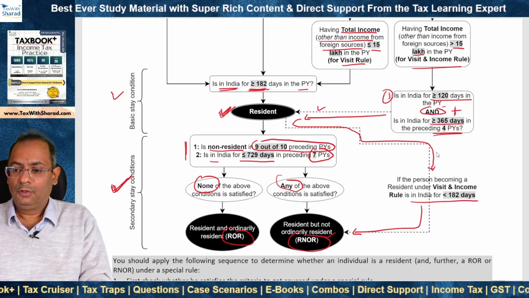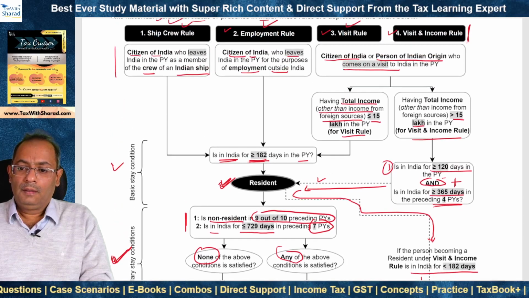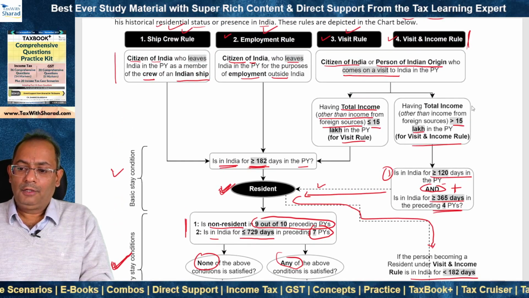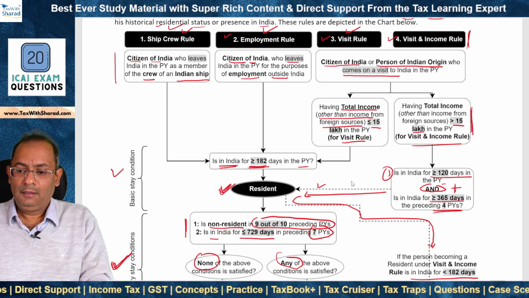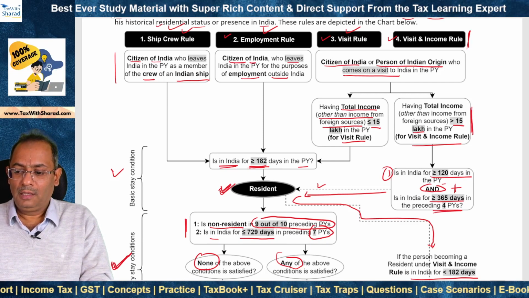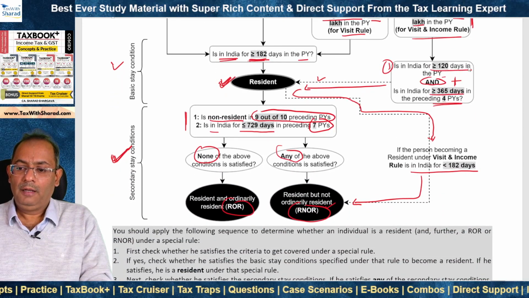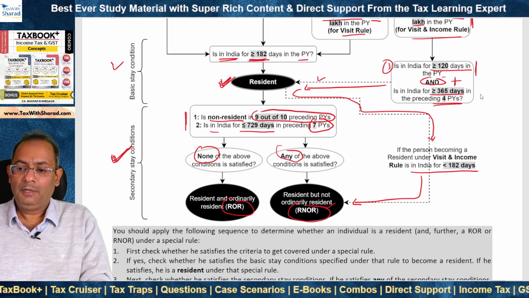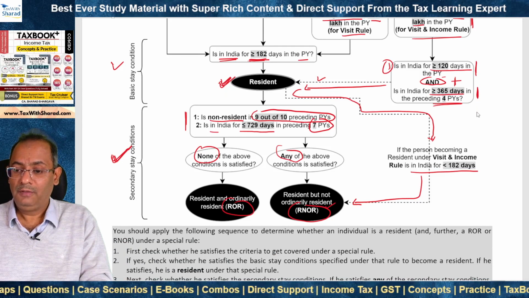So if you look at the visit and income rule, the condition was that the total income other than income from foreign sources should be greater than 15 lakh in the previous year. And then for becoming a resident, two conditions need to be satisfied. That means should be in India for at least 120 days in the previous year and in India for at least 365 days in the preceding 4 previous years.